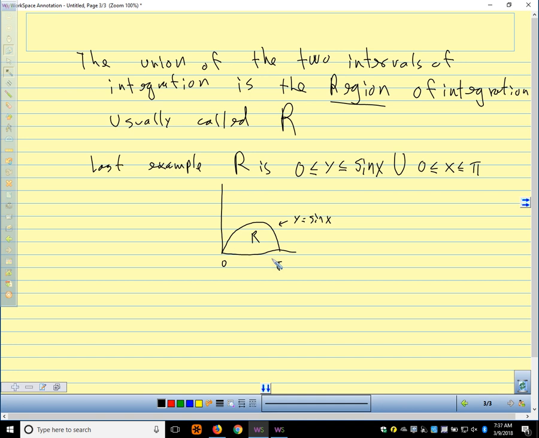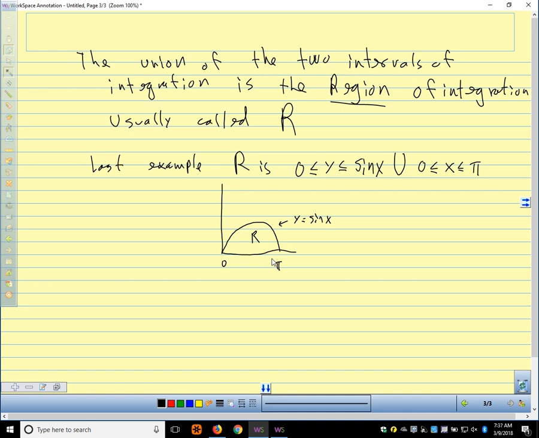So a region of integration is a region in the xy plane. And a big part of what we're going to do in chapter 14 is work on the skill of going back and forth between regions of integration and limits of integration.